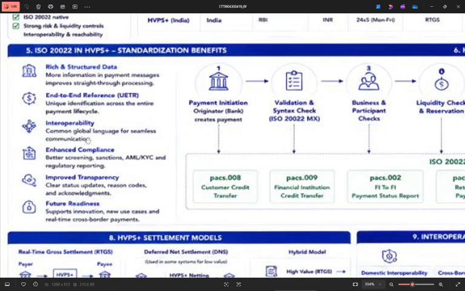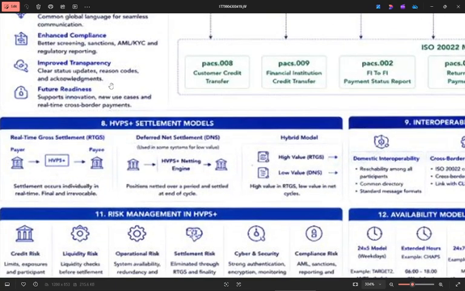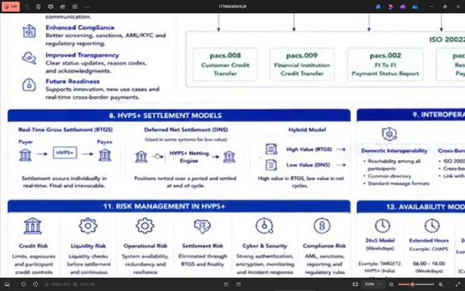Earlier, once a CBPR payment landed in a country, it had to change its text to XMLs, right? So there is no need to change now. CBPR and ISO and HVPS payments are almost similar in content. We are going to discuss that also in some time. Transparency, future readiness. Okay, those are the simple things, right?